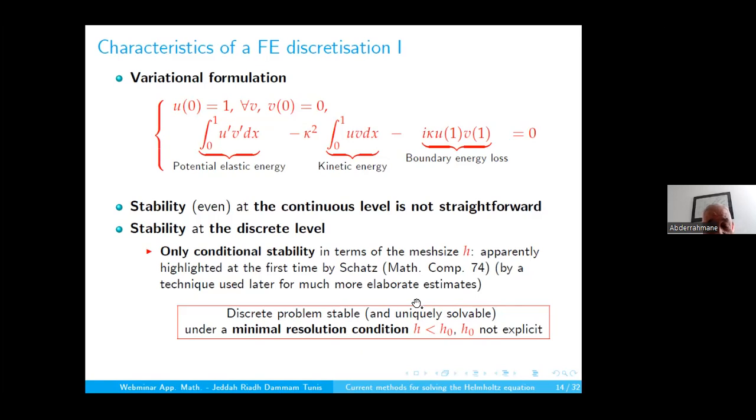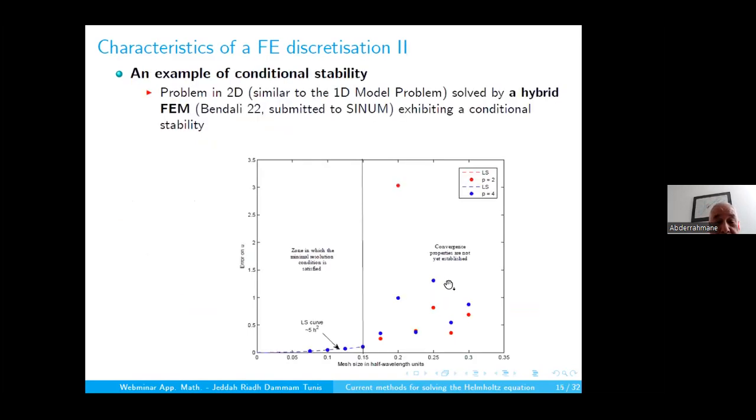What you establish is that the discrete problem is stable under a minimal resolution condition. That is, your mesh size must be less than a maximum mesh size H0, and unfortunately, H0 is not explicit.